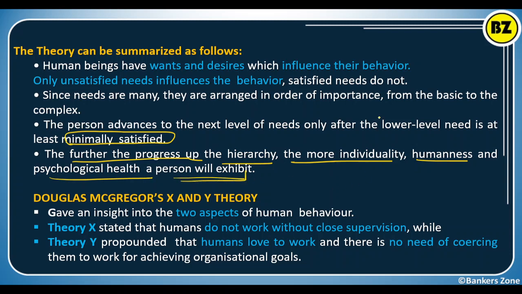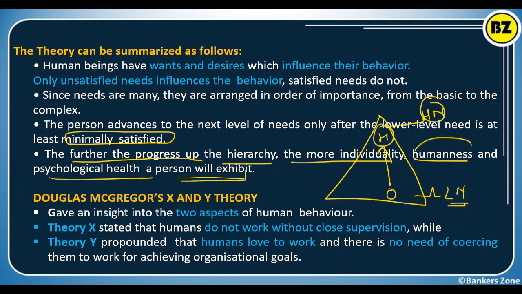That means once you move up the triangle from lower needs to higher needs, you will show humanness and psychological health. Once your lower needs are fulfilled and satisfied, then at the higher level you will show maturity.